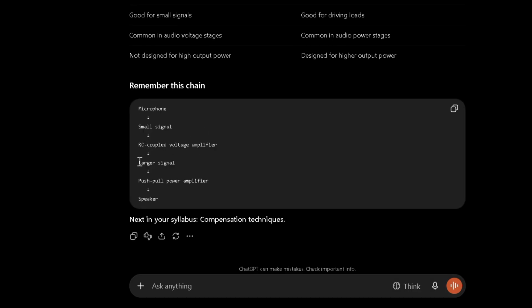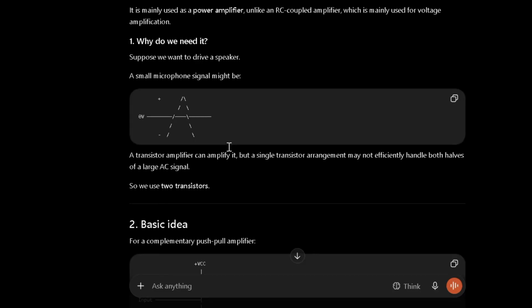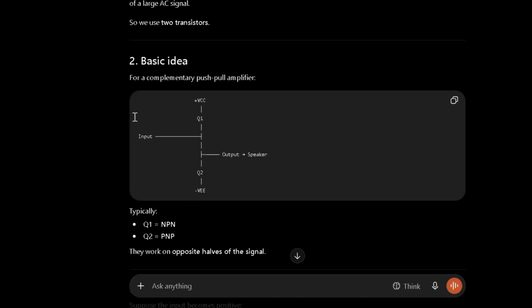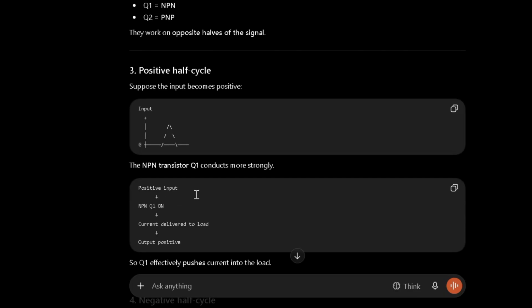So the amplified signal is getting to the output. This is PNP, this is NPN. NPN is pushing. So when NPN is on, current is delivered to the load, output positive. Q1 effectively pushes current into the load.